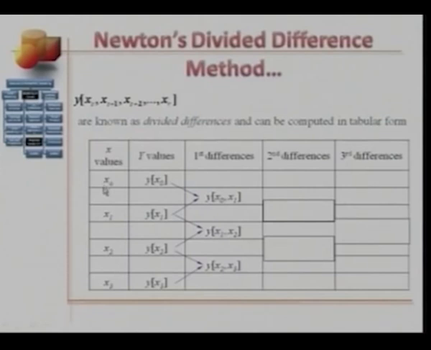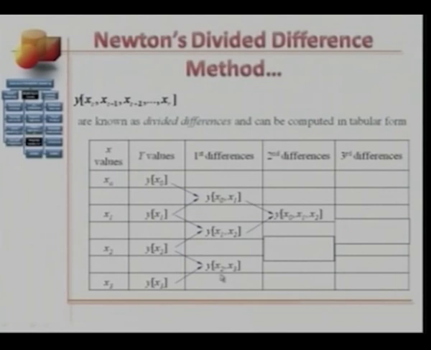What have I done here? I have considered the limits of this larger interval, and that would be equal to y within square parenthesis x0, x1 and x2. How about the second divided difference here?